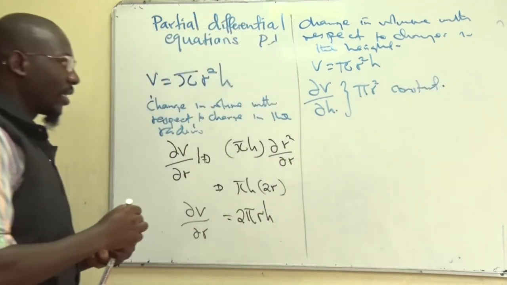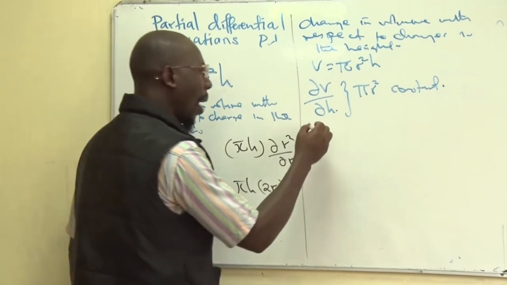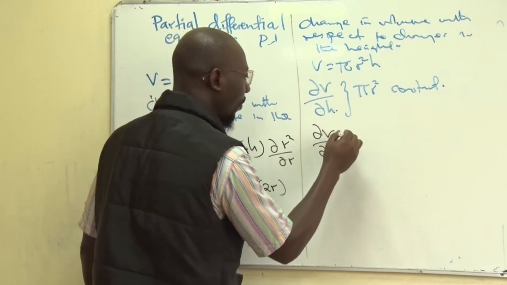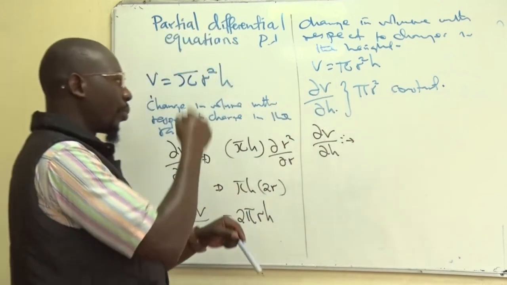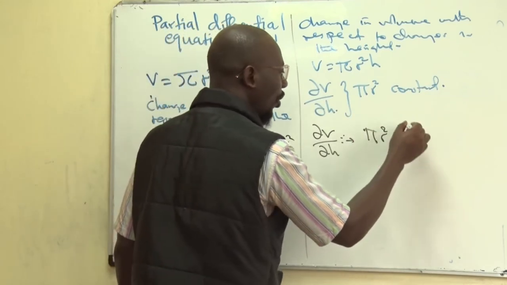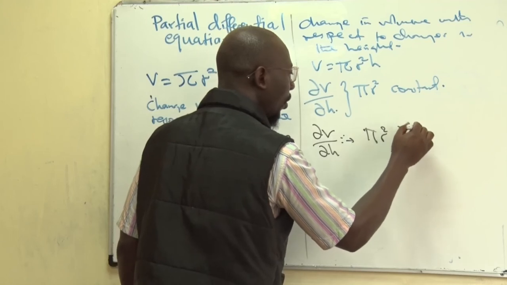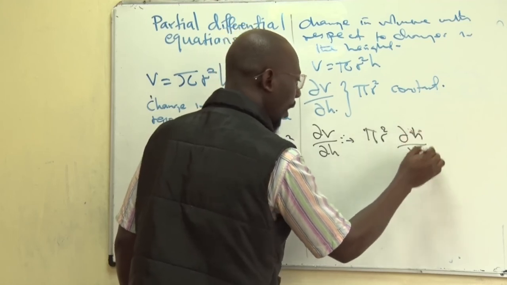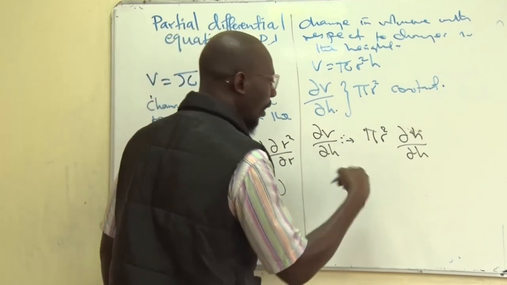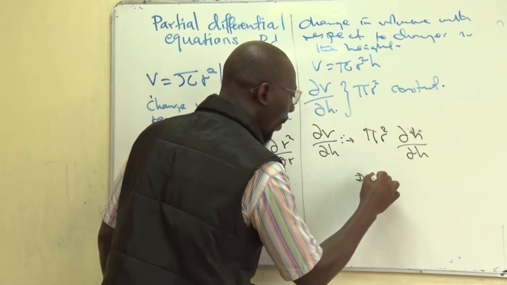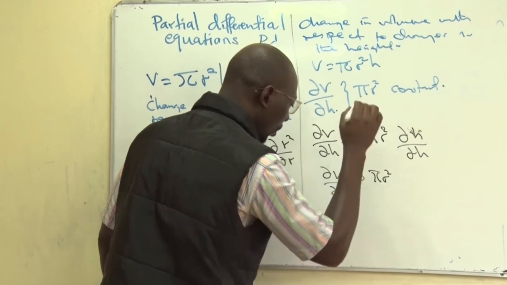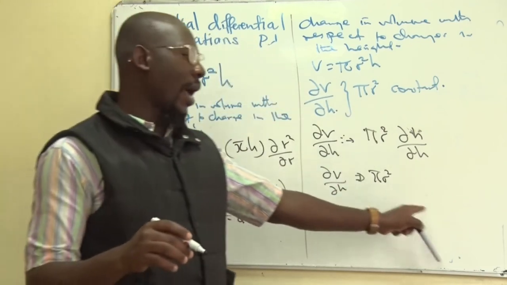You take the constants to precede, that is pi r squared, then del h over del h. The derivative of h with respect to h is 1. So this shall give us pi r squared as the change in volume with respect to change in h.